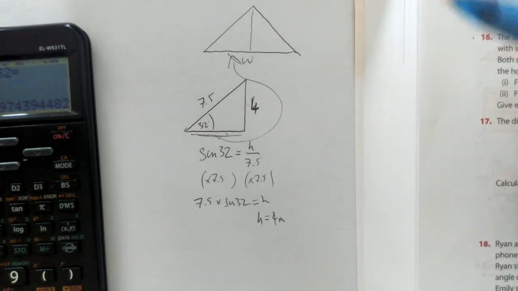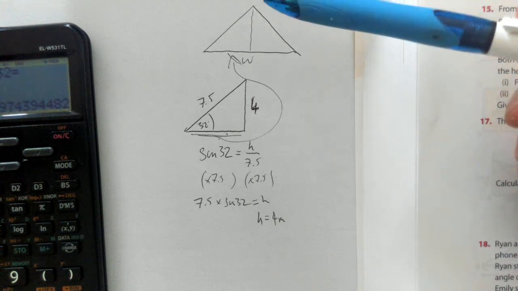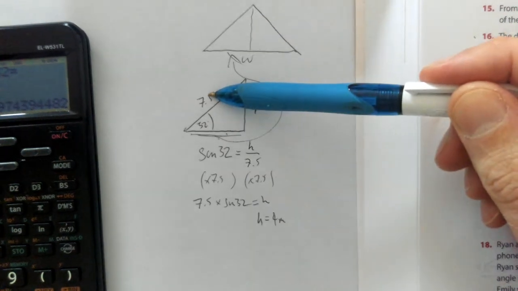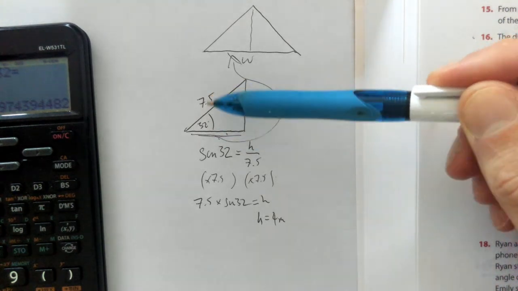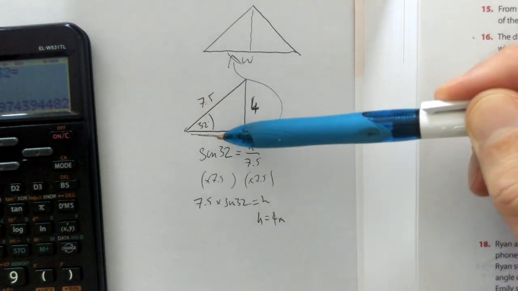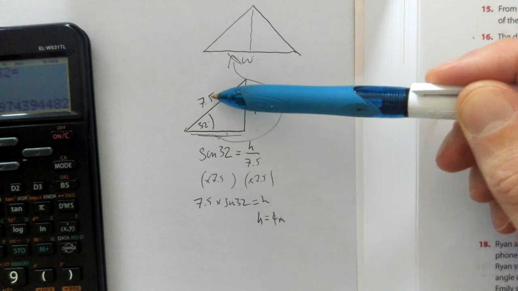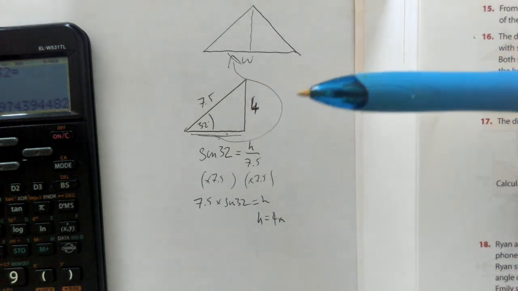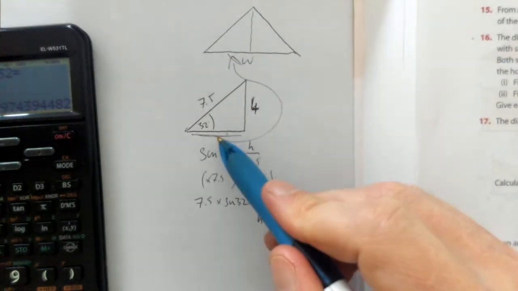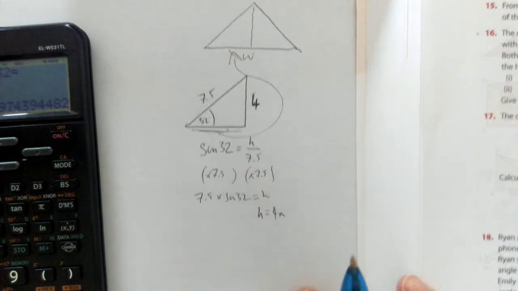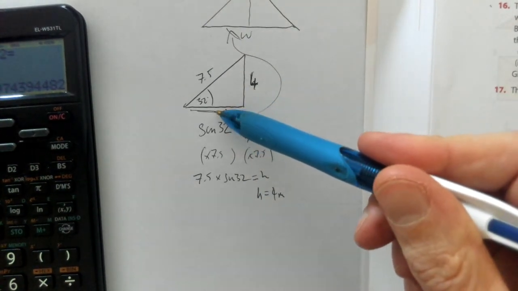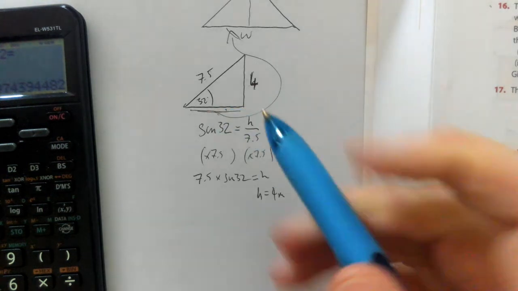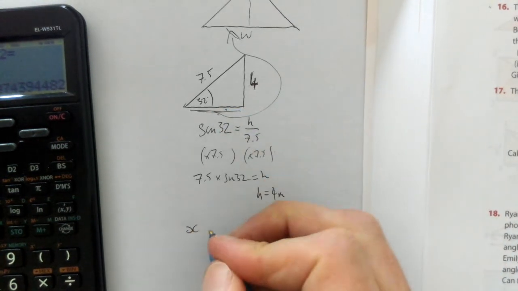So I've got two options. I've got 7.5 originally, so I could use adjacent over hypotenuse: cos 32 is equal to x over 7.5. Or I could use Pythagoras' theorem. You should get the same answer for both of them. I'm going to use Pythagoras just to jazz it up a bit, in case you're getting sick of sine, cos, tan. So this is not the hypotenuse, so let's call that x.